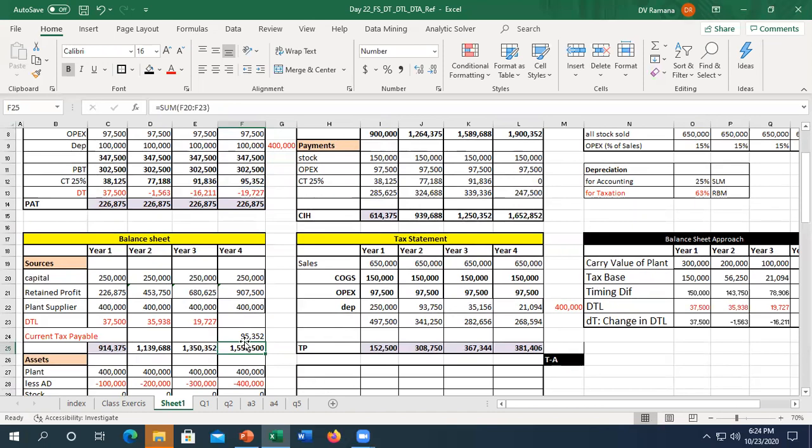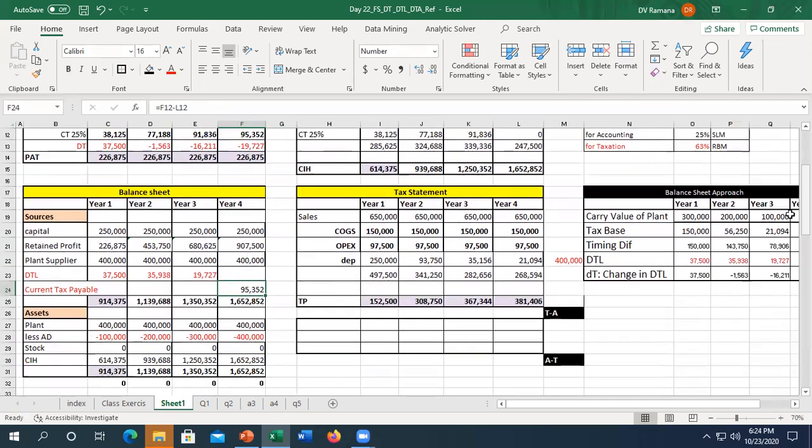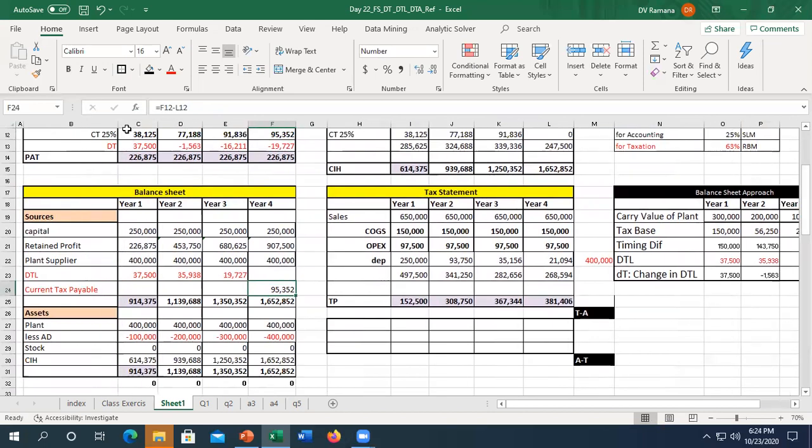So if the tax is not paid, that is a liability, and the liability will be shown on the balance sheet, and normally current tax payable is a current liability. Now you may ask a question, or rather you should reflect, what is the difference between current tax payable and deferred tax liability?